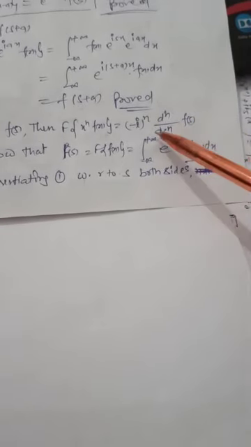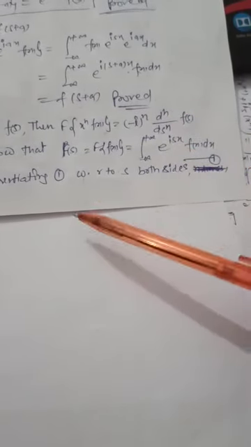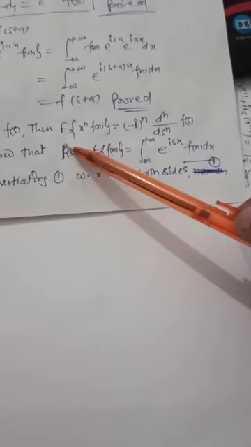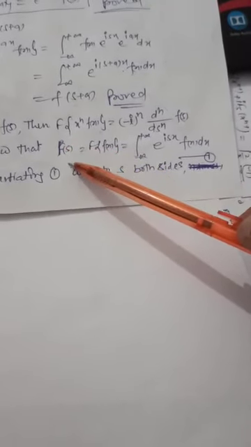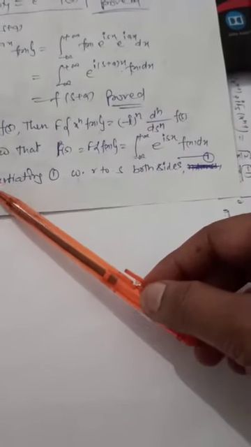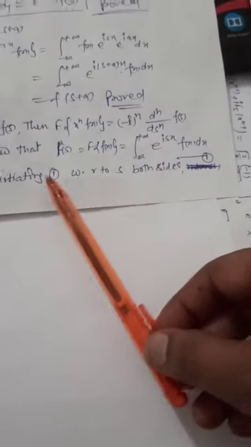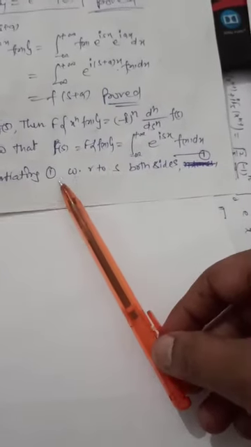So if we differentiate this with respect to s, then we will get this differentiation. First we are going to differentiate this equation. Let us suppose this equation is 1. Differentiate equation 1 with respect to s on both sides.